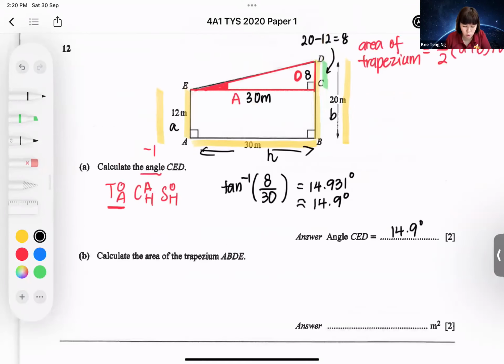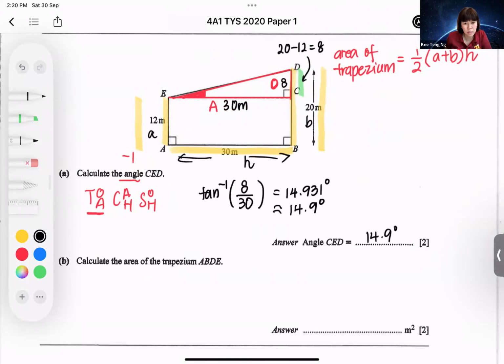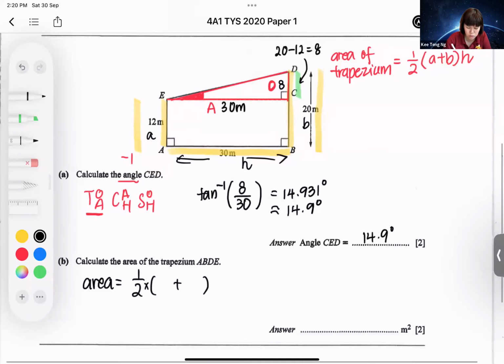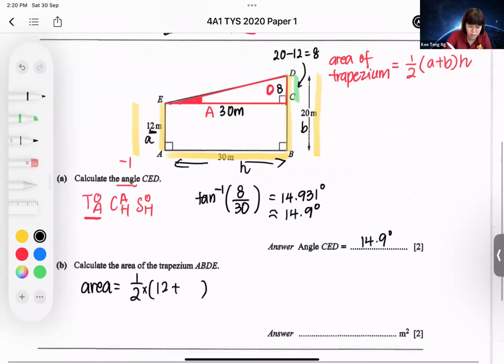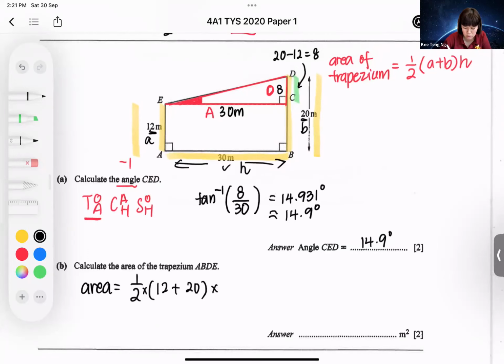Next, find the area of the trapezium. To find the area of a trapezium, I can use my formula. Area equals half times the sum of the two parallel sides, A and B, which is 12 and 20, times the perpendicular height 30.